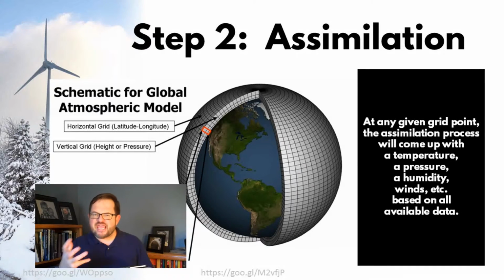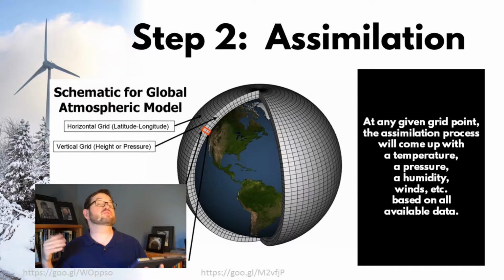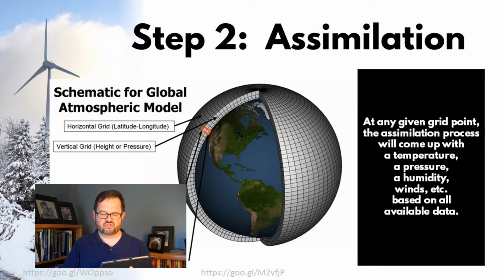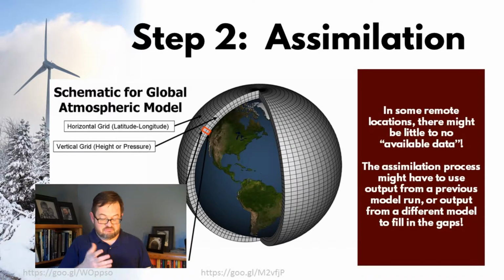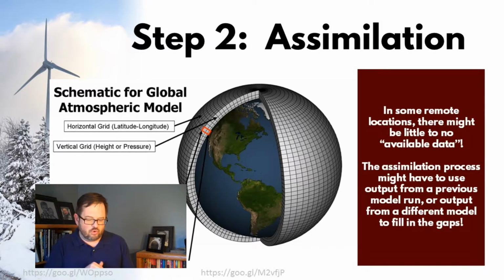So we can take the available observations and start saying, oh, well, we're going to make this temperature here, we're going to put this one here, we're going to take the average of these two and put them here. There's a whole set of software, a whole business called objective analysis, that is how this is actually done. Plus, there are going to be plenty of these boxes with no observations at all, like ones over the ocean.